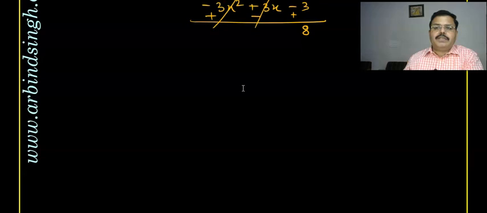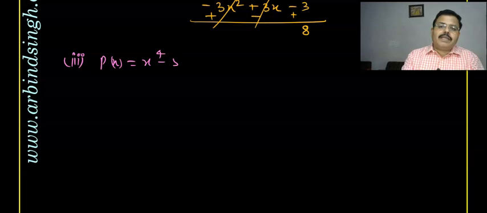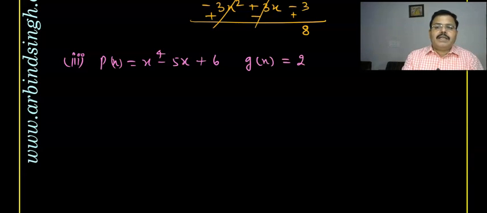Now let us consider the third question. The third question is dx is equal to x4 minus 5x plus 6, and gx is nothing else but 2 minus x square. 2 minus x square can be written as minus x square plus 2 as well.